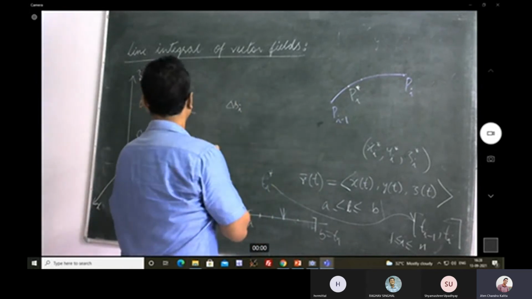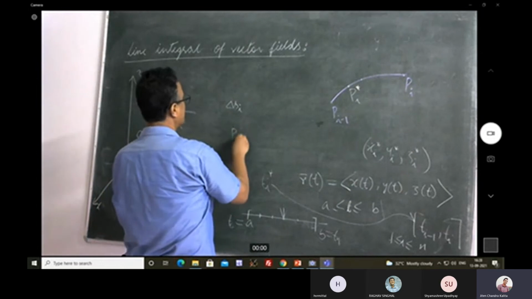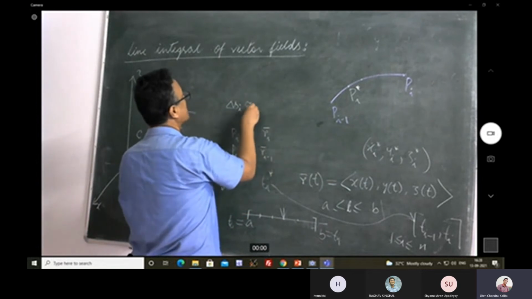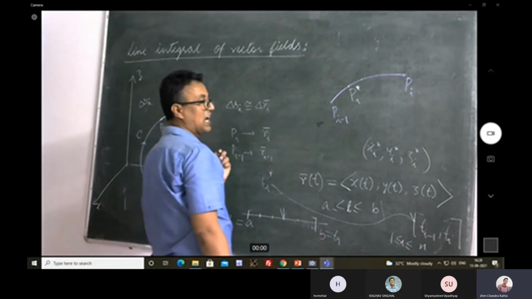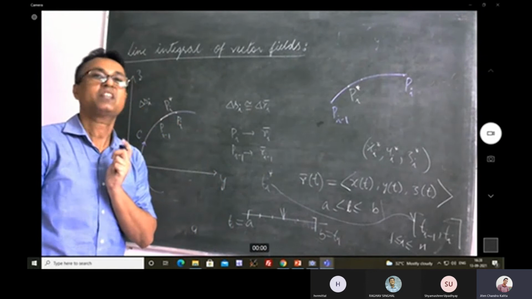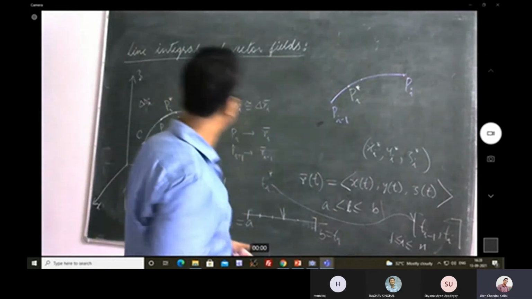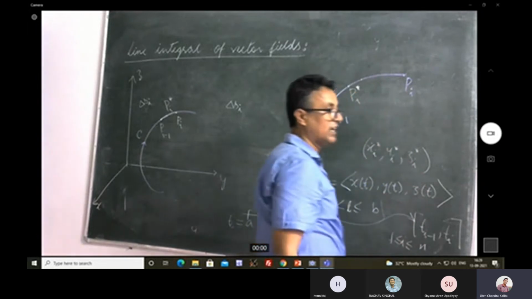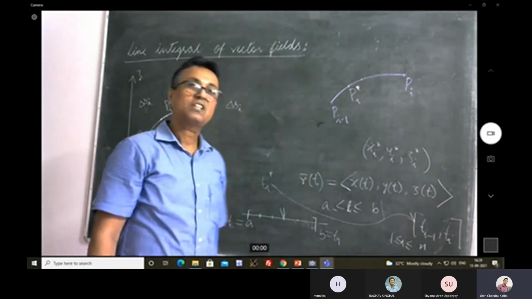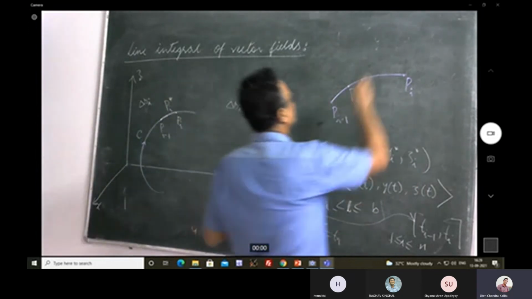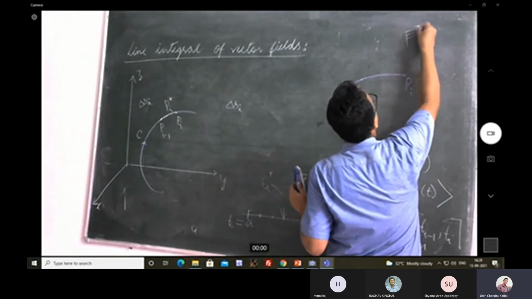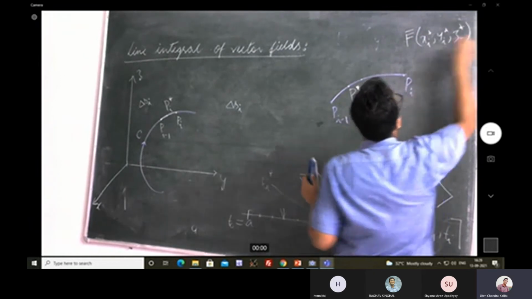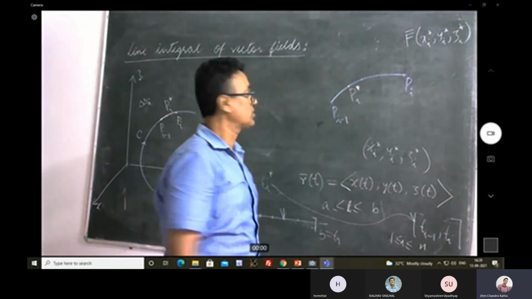So basically, if P(i) corresponds to the vector r(i) and P(i-1) corresponds to the vector r(i-1), this is almost given by delta r_i, where delta r_i is simply r(i) minus r(i-1). Now, if I want to find out the work done by the force, suppose I consider a vector field F, and this is the force applied at the point Pi star.